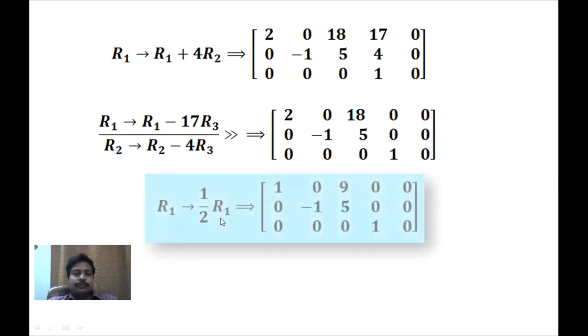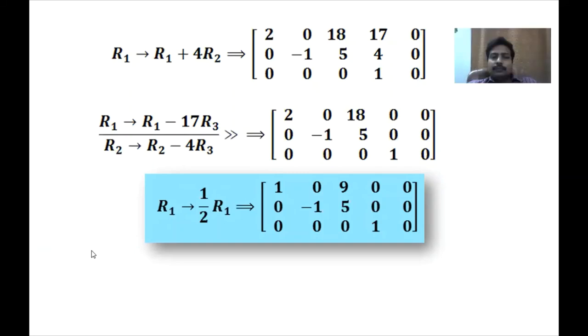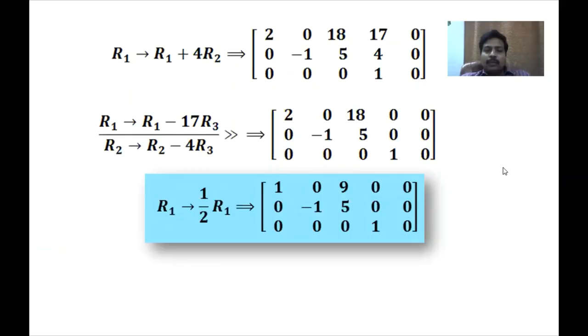And finally, this is 2 and 18. So we are multiplying R1 with 1/2 to get simplified equations in the end.